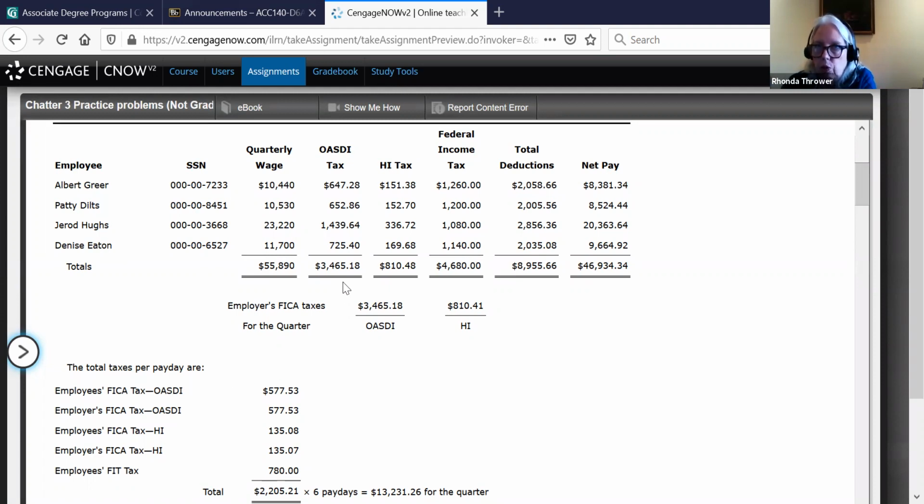So in other words, they've taken the total amount of the OASDI taxes that the employee put in, and they're dividing it by the number of pay periods in the quarter, which will be 6, and that would give you the amount of the FICA tax for one pay period. This is per pay period.